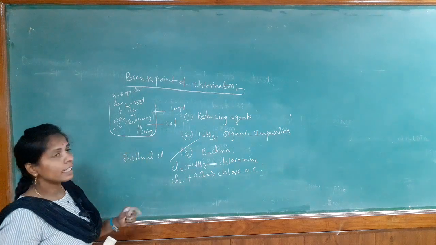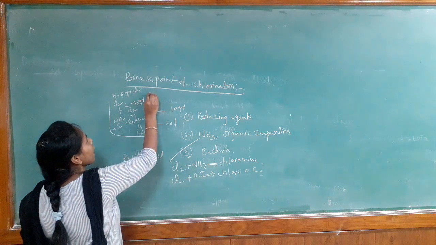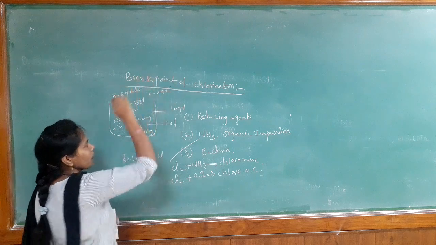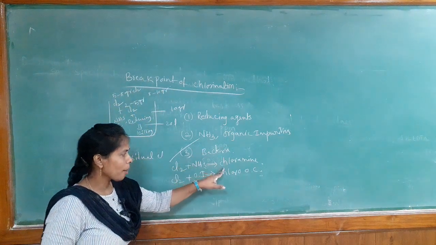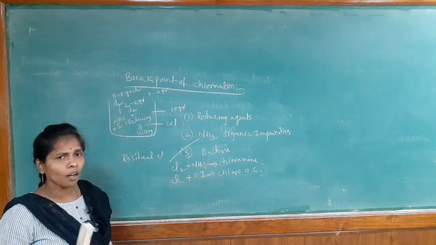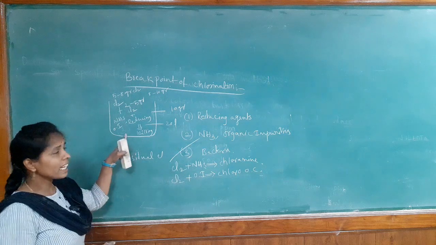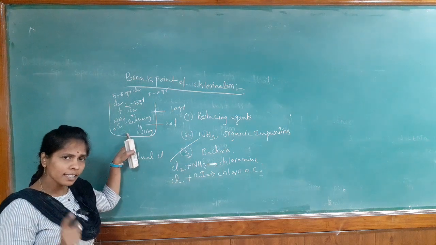So, when we are adding in the third stage, that means in the third portion, when we add around 8 to 10 grams of chlorine, what happens at the third stage? At the third stage, chloramine, chloroorganic compounds and the entire bacteria are killed in the water sample. So, is there any free chlorine or combined state chlorine in stage 3?